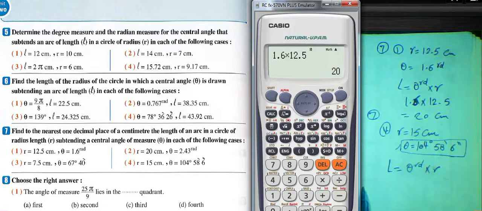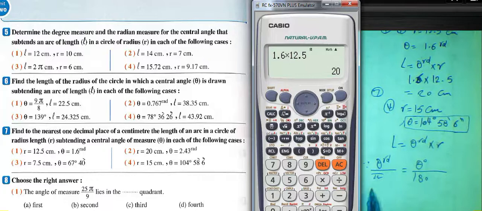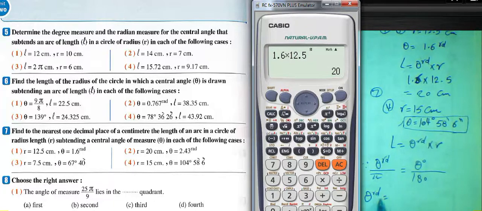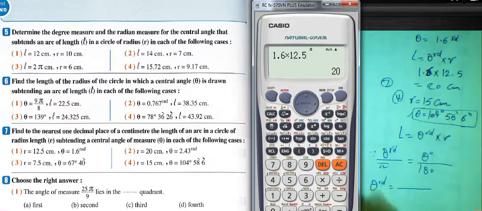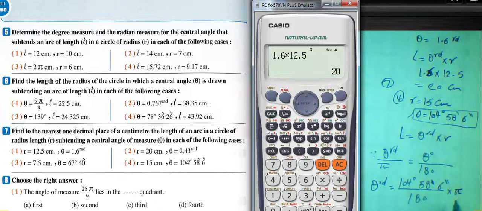We know theta radian over pi equals theta degree over 180. So theta radian will be 104 degrees 58 minutes 6 seconds over 180 multiplied by pi. Then you can use the calculator.